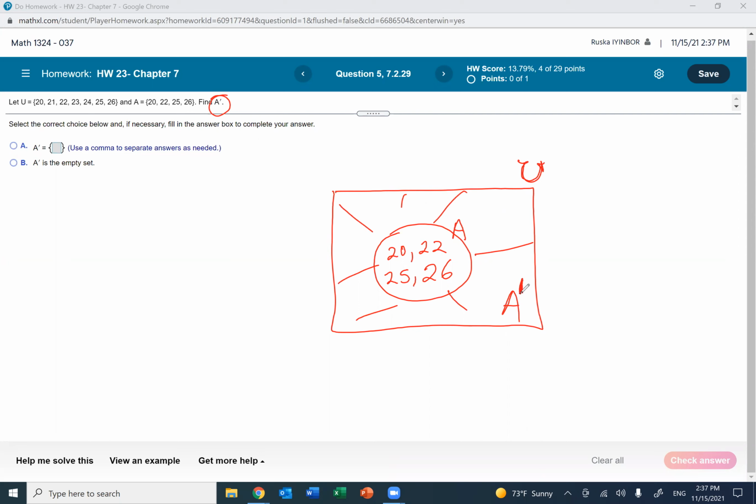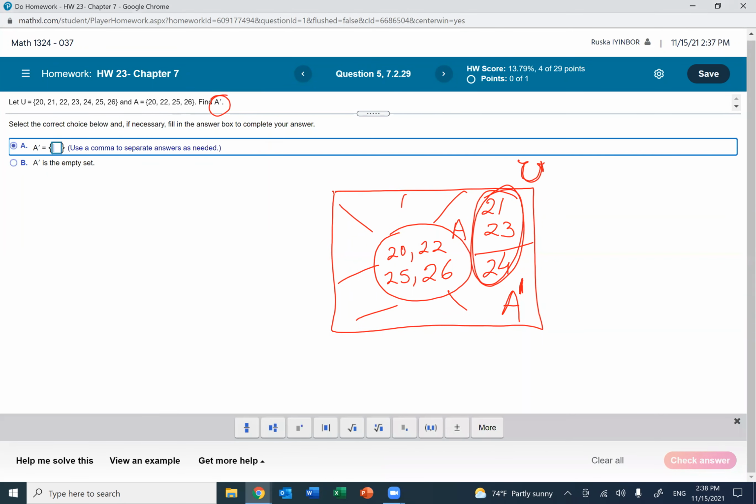So the complement is going to be 21, because 20 is in A, 21 is out, 22 is inside, 23 is also outside, 24 is also outside, 25 and 26 are inside A. So those three numbers are the complement, which are outside of A. Okay?